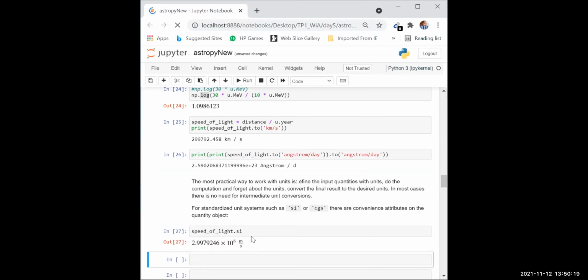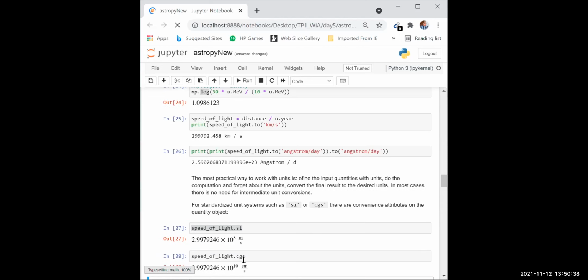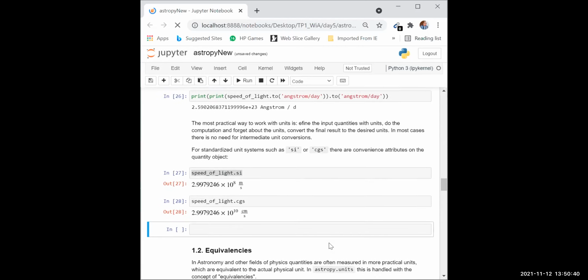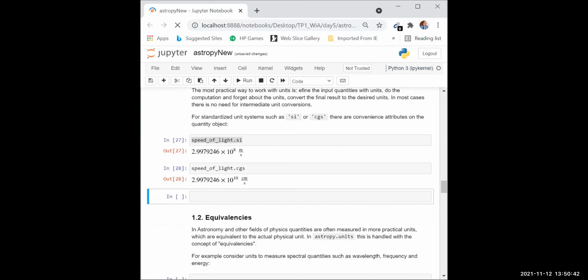I get it in SI units, and the same thing if I want it in CGS units, your guess is right, you just have to write CGS, and it will give you in centimeters per second, right? So it makes things so simple and easy for us to convert from one to another.